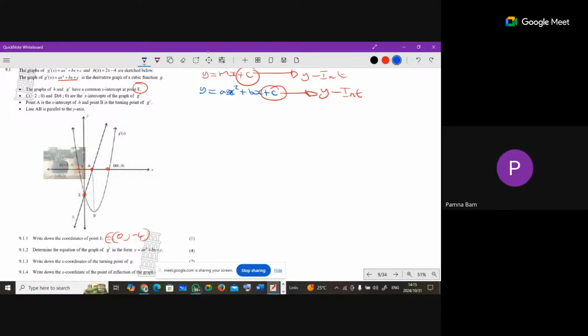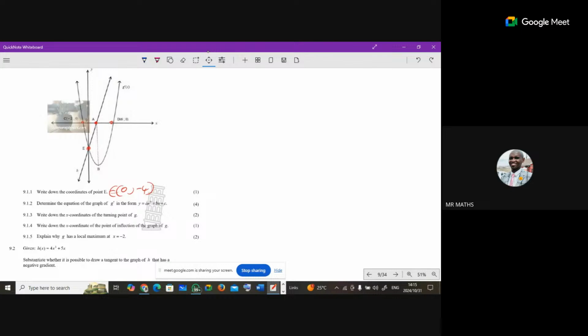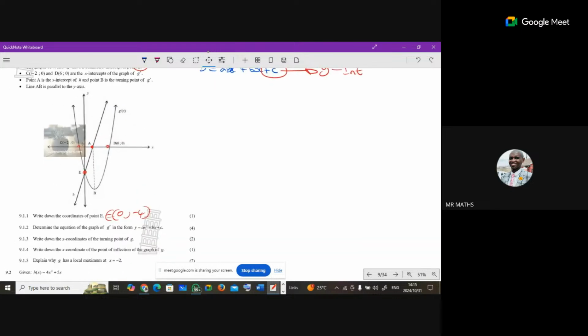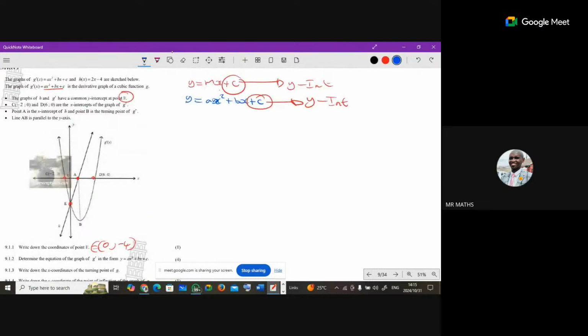Okay. So the question is to determine now the equation of the graph of g prime in the form y is equal to ax squared plus bx plus c. So now after g prime singayifumana njani? We can use what we know.